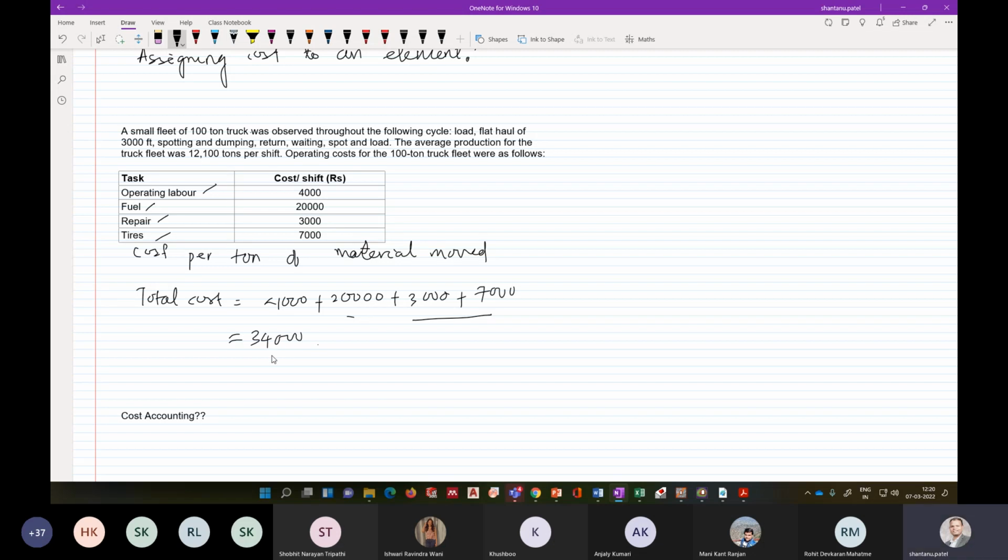So what is the cost per ton? Cost per ton equals the total cost, the summation of costs, divided by total tons. What is this value?